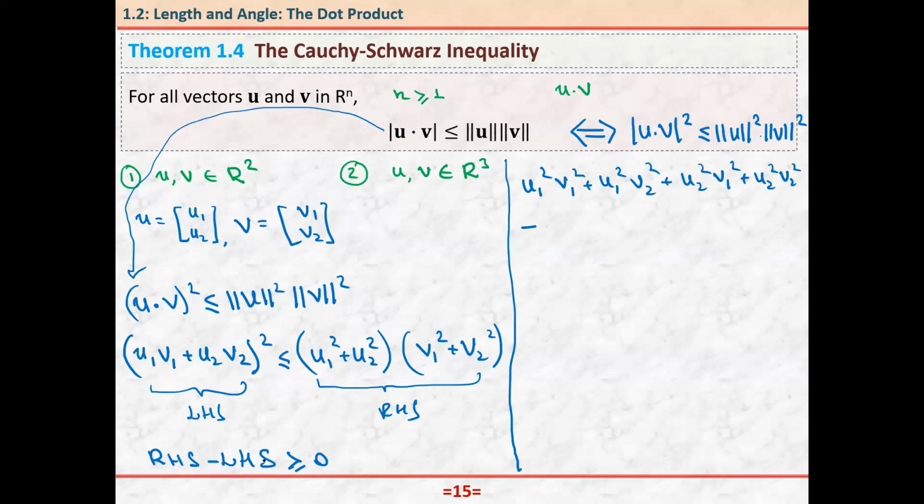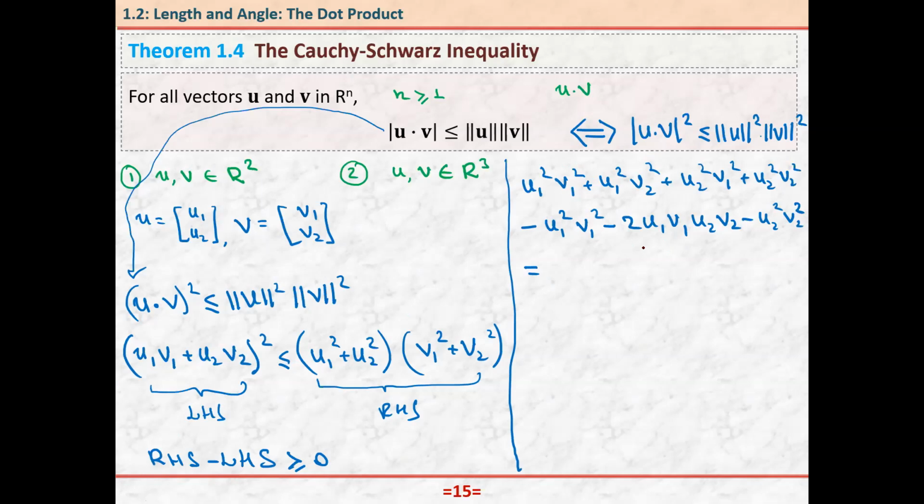Minus the left-hand side: if you remove the brackets, we have u1 squared v1 squared plus 2 u1 v1 u2 v2 plus u2 squared v2 squared. And this is greater than or equal to 0.